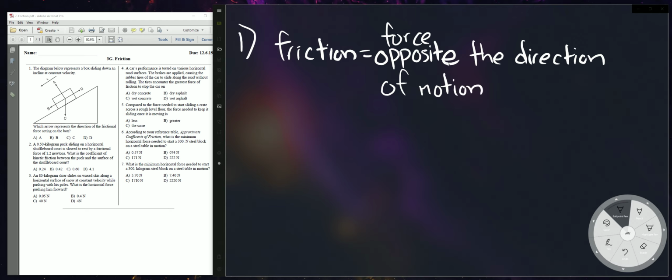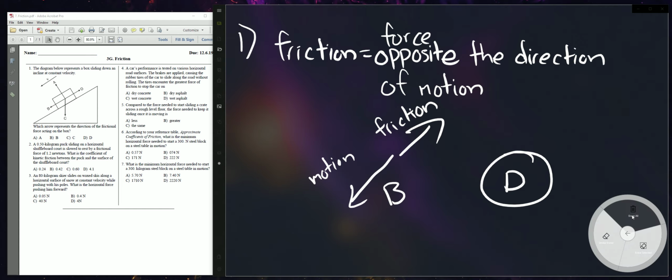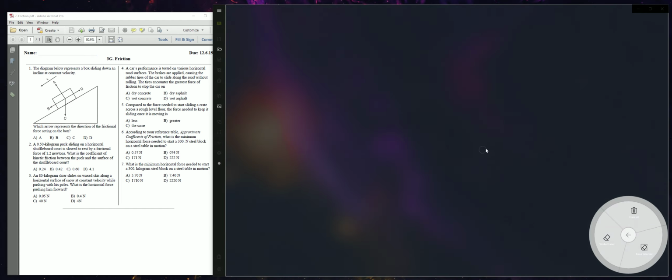Alright, so if the box is sliding down, and that's B, well, the friction is going to be opposite the direction of motion. And so if the arrow of B is the motion, then the friction is going to be the opposite way. So it's going to point northeast, and it's going to be D, right? D is your answer.